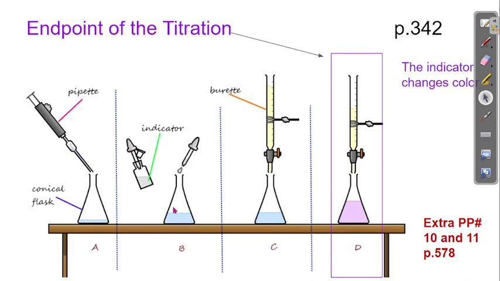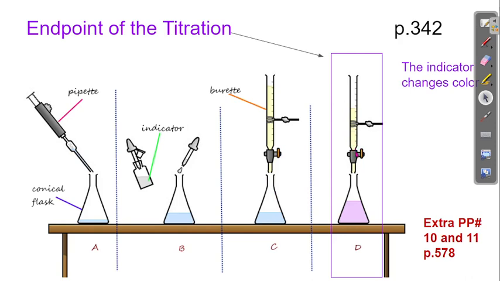You added the indicator and if you see, it's very fine, the line here, but this is kind of a yellowish orangey color, okay? And of course, you're not going to have this equipment. You're going to be using pipettes and beakers, but it's the same concept. So whatever liquid you have here, we decided that this was your acid. You know the concentration of this acid because you created the liquid in here. And then you drop by drop by drop.